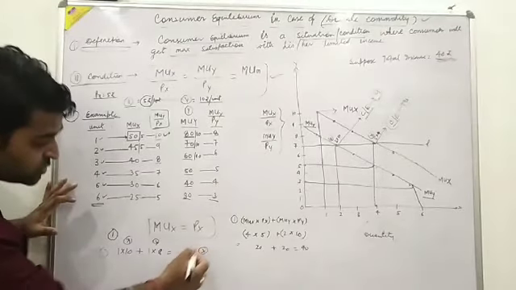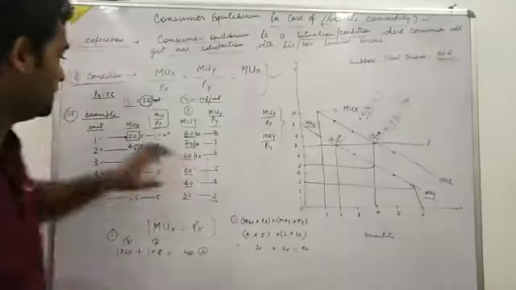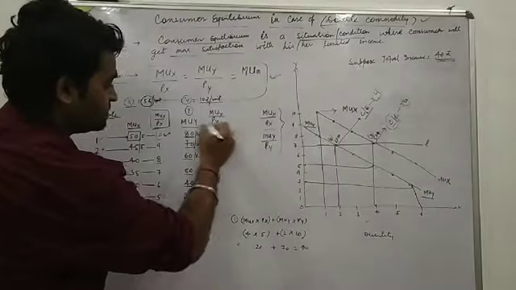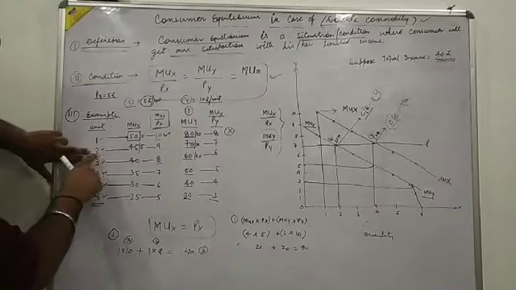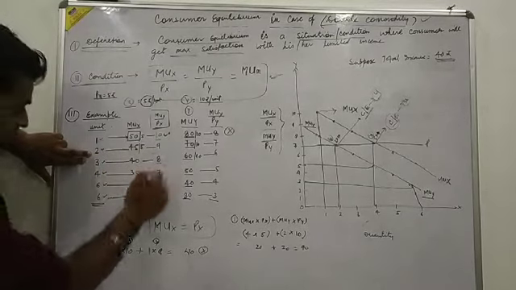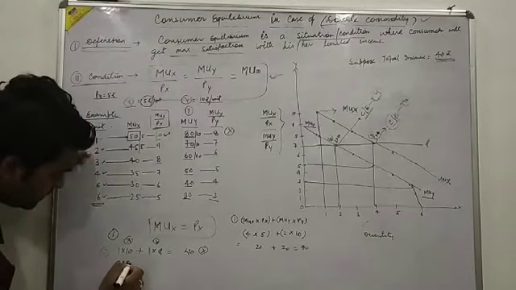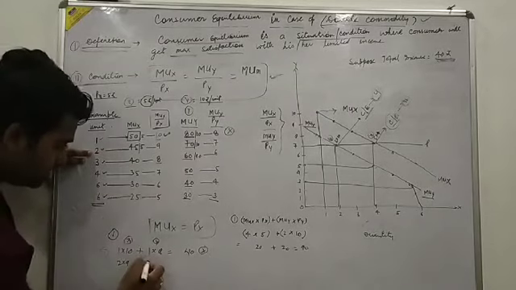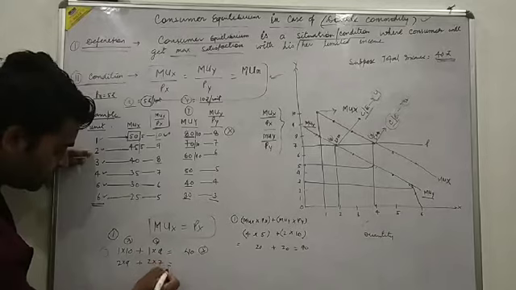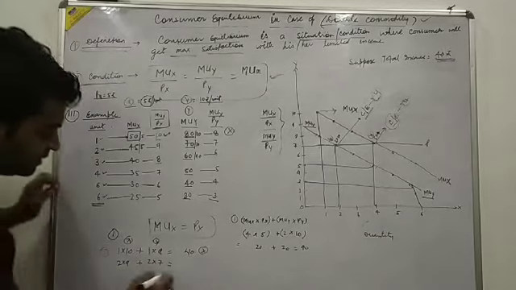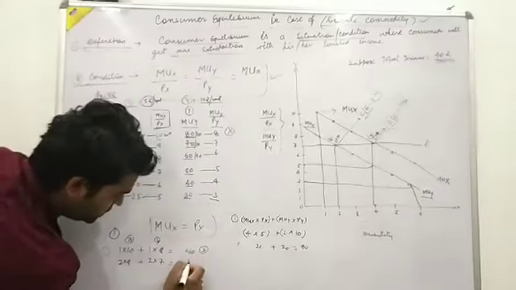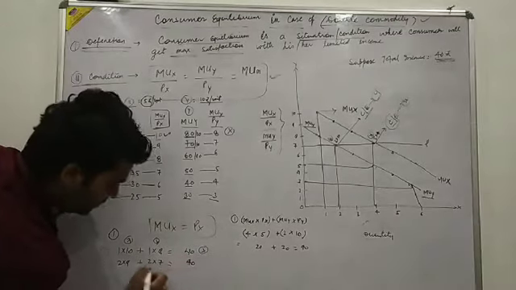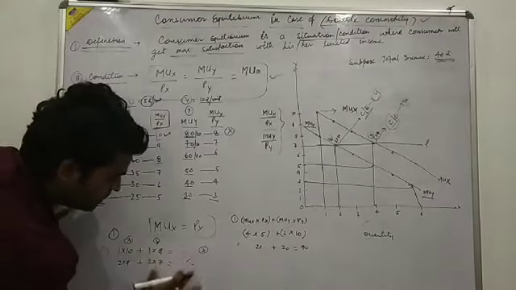No. So the first condition is not satisfied. Second unit, 9 into 2, 18, plus 2 into 7, 14, how much? 32. Is 40 coming? No.